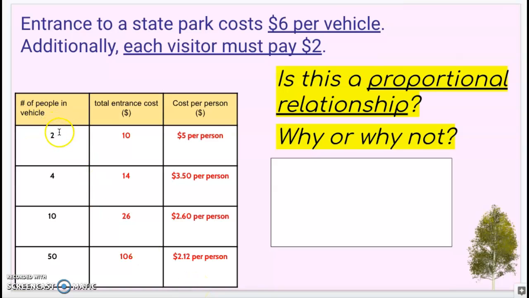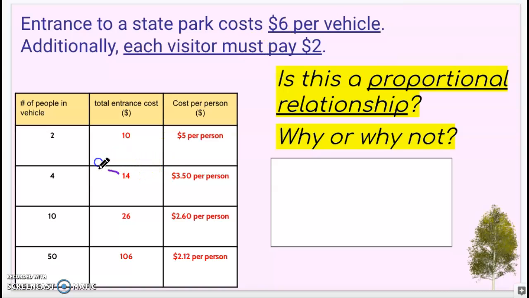2 people in the vehicle, okay, let's see, that's $6 for the vehicle. And then one person pays $2 and the other person pays $2. So that's 6 plus 2 plus 2, or 6 plus 4 is 10. Which meant if you're going to split it evenly, that's $5 per person. 10 divided by 2. To get $3.50, in fact, we did the same thing.